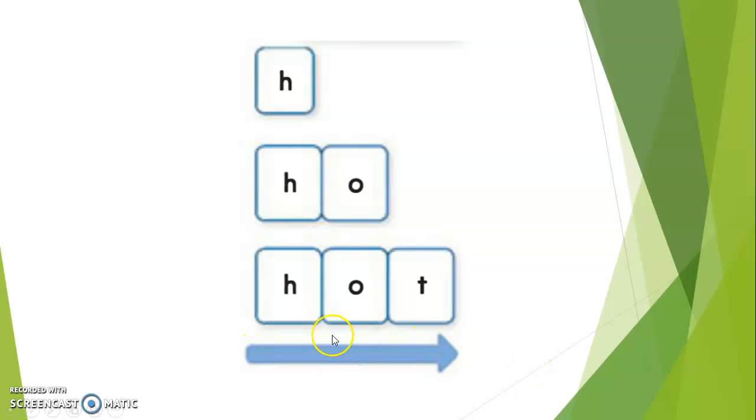Let's do that one again. At, hot. And then we can go faster. At, hot. Practicing saying the sounds that each letter makes again and again helps you hear the sounds, especially if you do that loudly. If you do that out loud, you can hear yourself read the word.